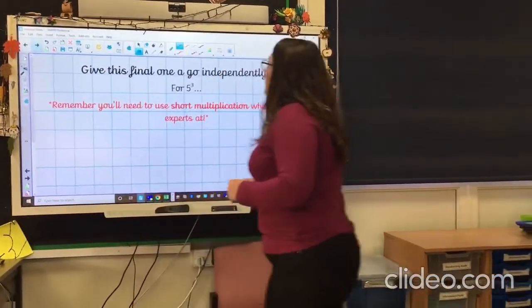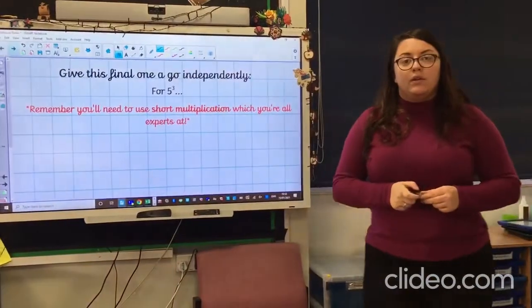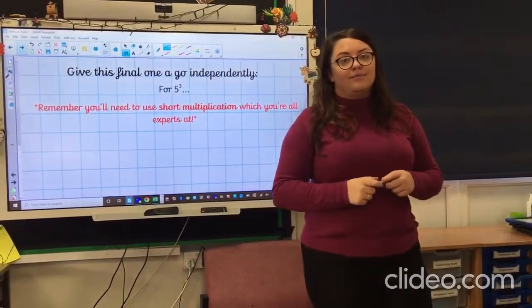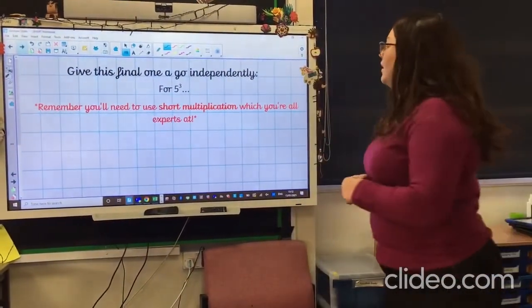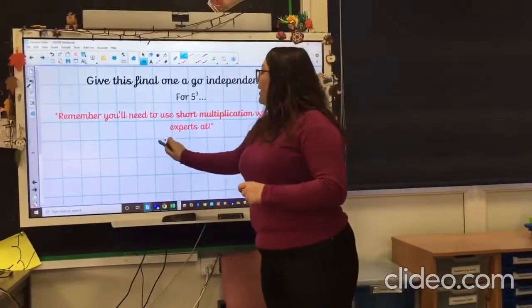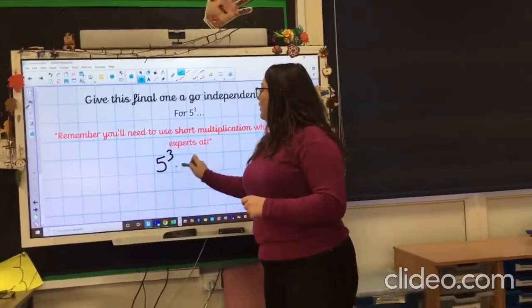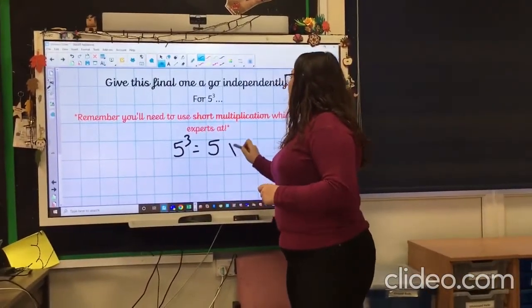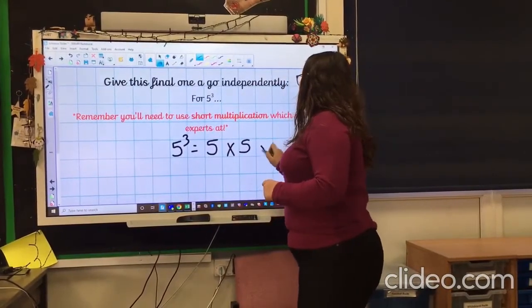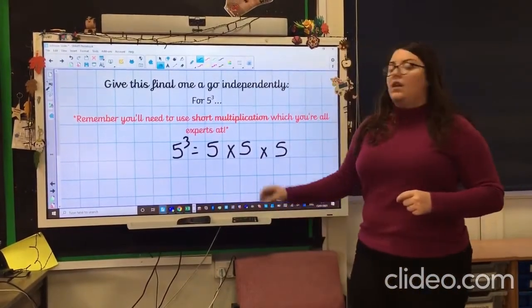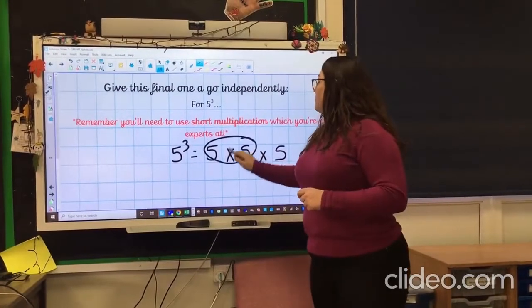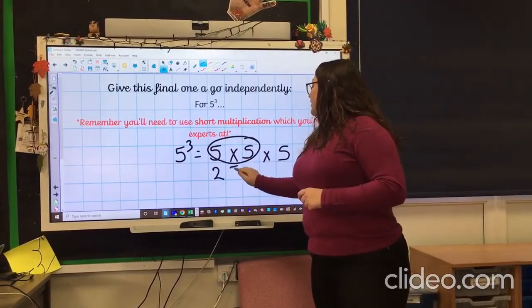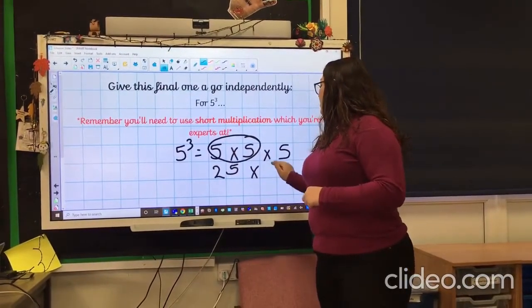Okay, give this final one a go, and then we'll go through the answer. Okay, let's see how you got on. So, again, 5 cubed equals 5 times 5 times 5. We know 5 times 5 is 25, so that's what we need to times by 5.